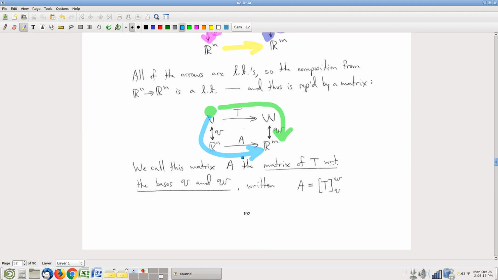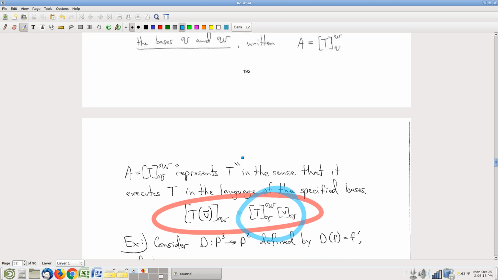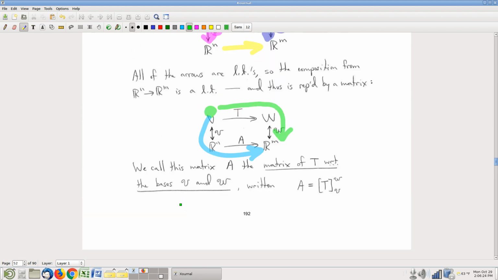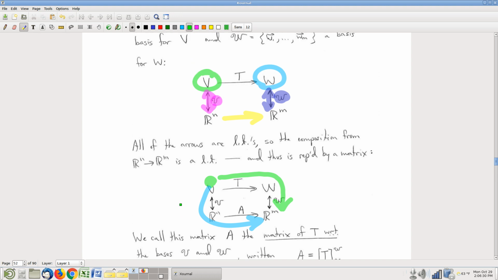So really all this equation is saying, it's not really that big a deal. This equation is just saying that in this diagram, over and down is the same as down and over. It's pretty disappointing. And really, that's just a way of observing that this matrix represents the linear transformation.